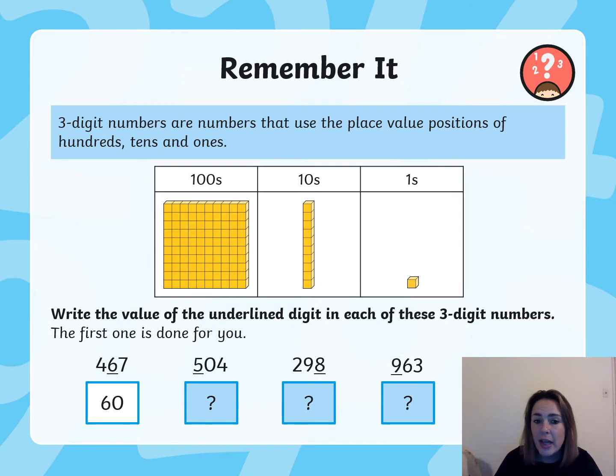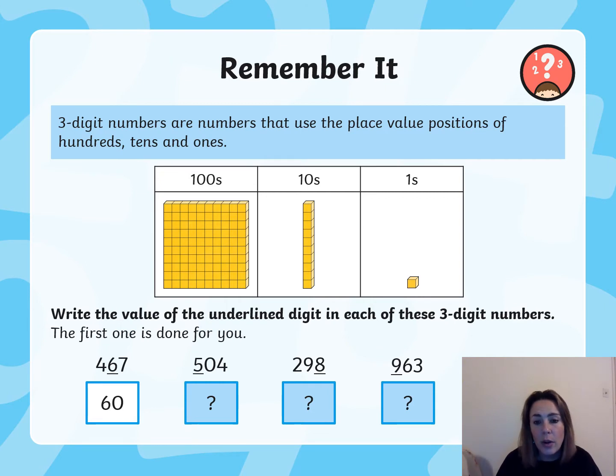So if I was writing that on a place value grid or using Dienes to represent it, the 5 would represent 500. Let's have a look at the next number with the digit 8 underlined. If I was writing out that 3-digit number or representing it using Dienes on a place value grid, the 8 would be in the ones place, so it's worth 8 ones, its value is 8.